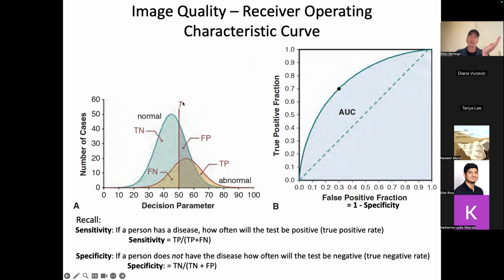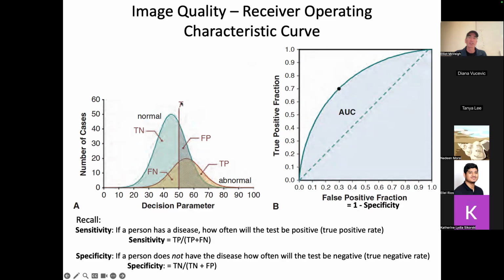And then the ones that had 38, they pushed their threshold this way. They got some abnormals, but a lot of people were in the normal bucket. So what is independent of the radiologist or the cardiologist viewing the data are these underlying distributions. And so what you can do is you can set different thresholds and ask, what is my true positive rate and false positive rate as I change that threshold?